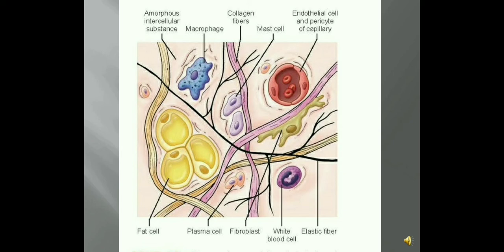The stored fat pushes the nucleus of the cell towards the peripheral part. So that's why it is called an eccentric nucleus. And as it stores fat, that means it acts as reserve food material. So whenever your body requires energy, at that time these fat cells give out fat as a source of energy to your body.